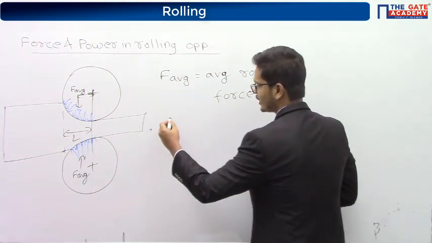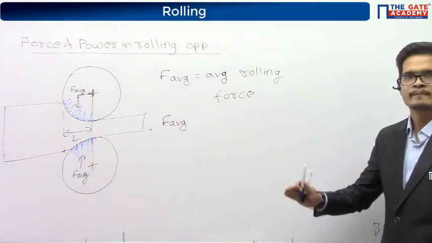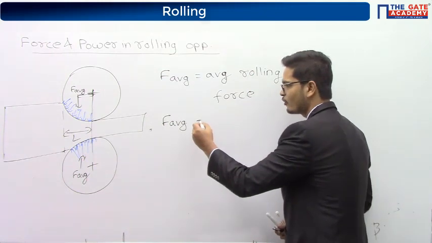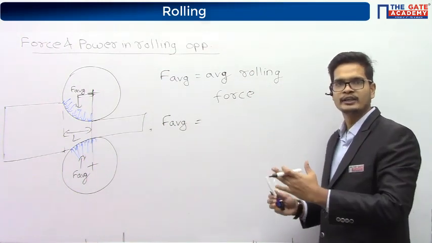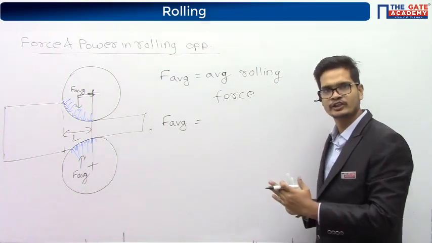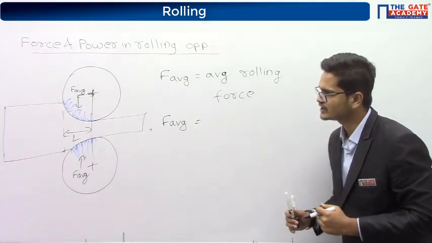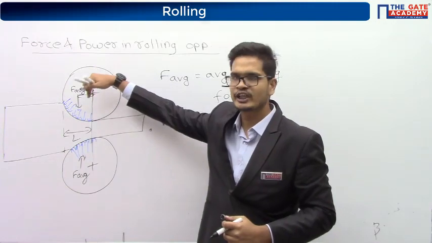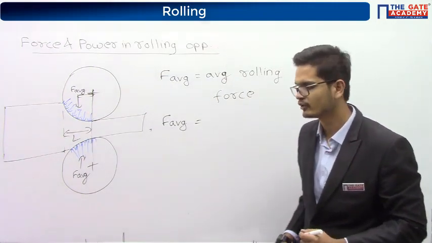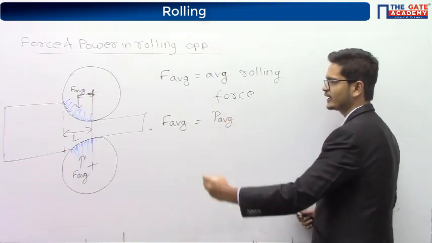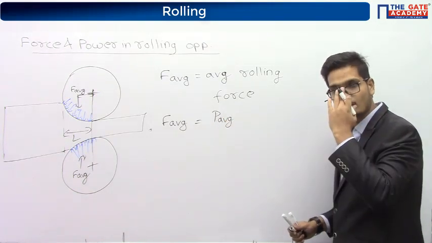So how do we find F average? Whenever we want to find force, we multiply the stress or the pressure by area. Let us say there is an average pressure P acting by the rollers onto the component.